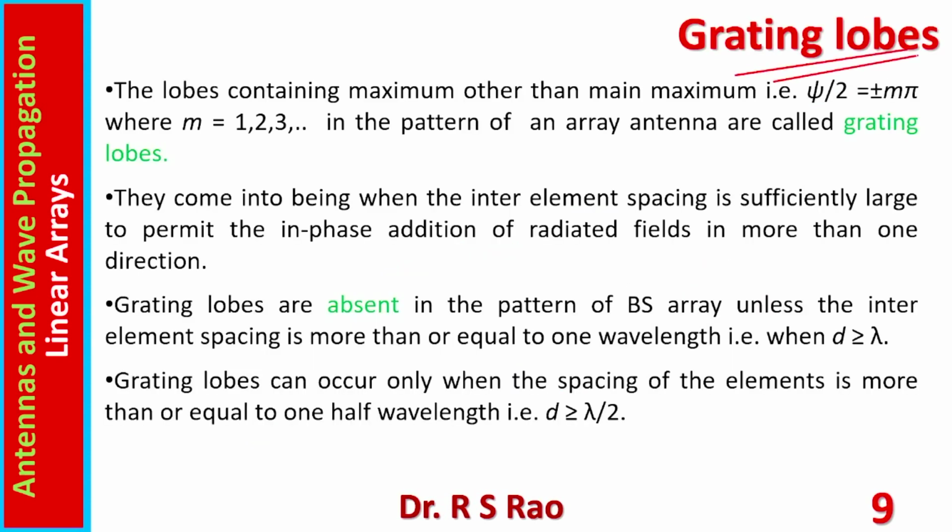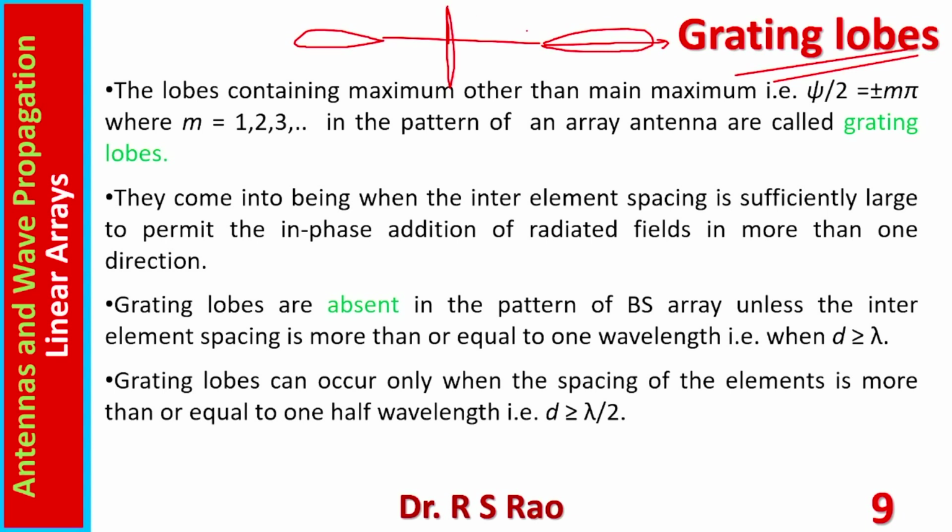Now grating lobes. What are grating lobes? Consider an end-fire array. This array radiates maximum along phi equal to 0 direction. Sometimes it happens, when certain conditions are met, that this array starts radiating maximum in the opposite direction too. It may even start radiating in broadside mode also.